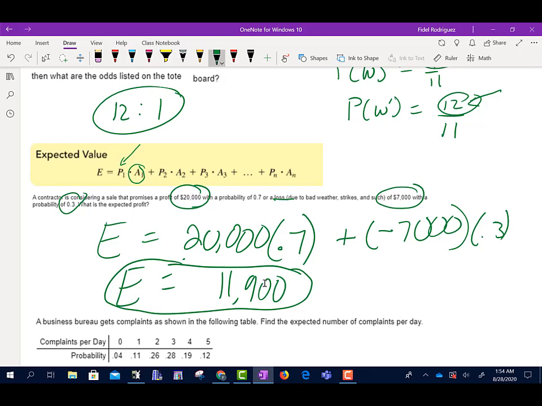Suppose we were to do it 12 times, once in January, once in February, all the way through December. Certain months we're going to make 20,000 and certain months we're going to lose 7,000, right? But if we were to take all that money, add it all up and divide by 12, on average each time we earned about 11,900. Okay, that's what expected value really means.